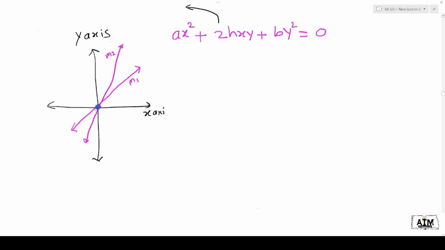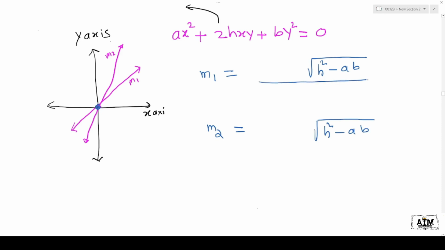Now there are two lines, the first line passing through the origin as well as the second line passing through the origin. m1 is the slope of the first line and m2 is the slope of the second line. Now how do we get the slope of the first line and the slope of the second line? Here you write down the under root of h square minus ab for both m1 and m2, then divided by b.